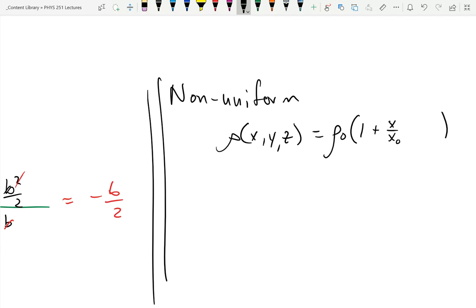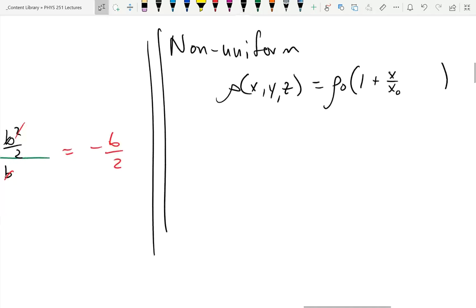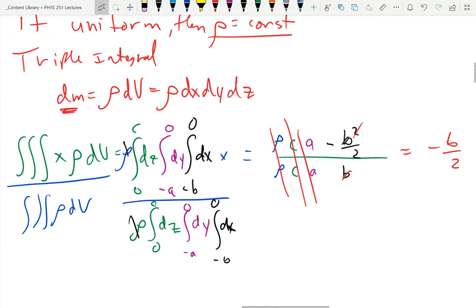What this is saying is density 0 at one side, and it's increasing as I go across. So I'm still going to have dm is equal to rho dx dy dz, but rho is now more complicated. It can't come out of my integral.